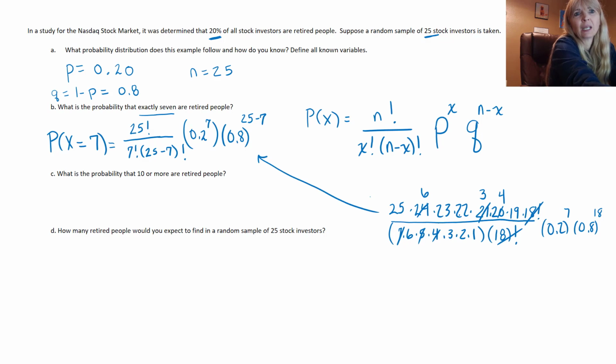I'm just making these numbers smaller so they're a little bit easier to do the calculations. Look at 6 into 6. And 2 into 22 is 11 times. So I get 25 times 23 times 11 times 3 times 4 times 19.